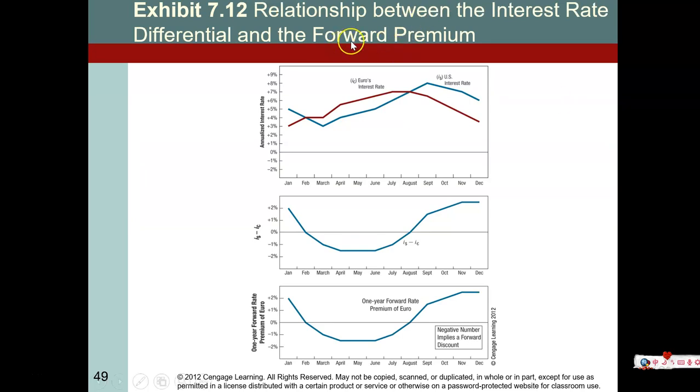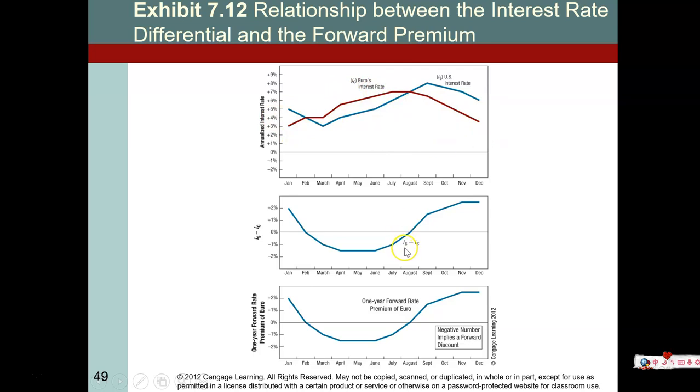This is the forward premium change over time. We have the change over time because we have the interest rate change over time. In the first graph, we have the annualized interest rate of the US and the euro. For the home interest rate in the US, we have the blue line here. It's going up and then going down. The euro interest rate is also a curve.